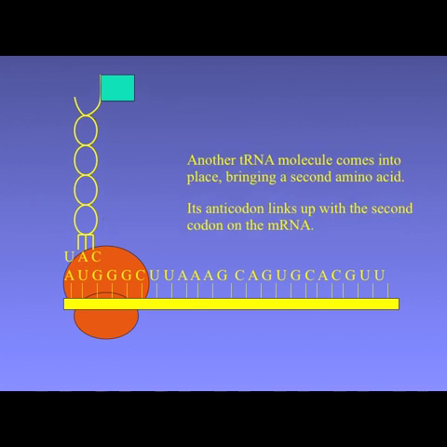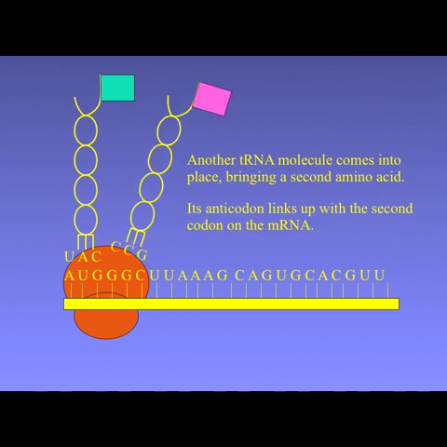Once that's there, another transfer RNA comes into the second codon. If you look carefully, after the first three letters, the messenger RNA is GGC, so the next transfer RNA coming in, the anticodon, has got to be CCG.